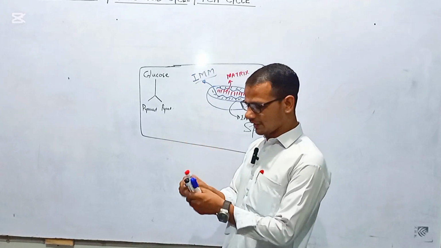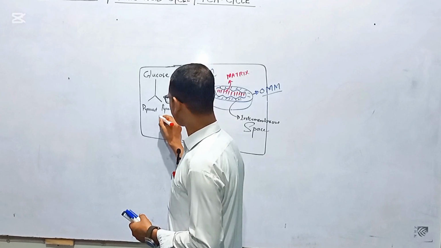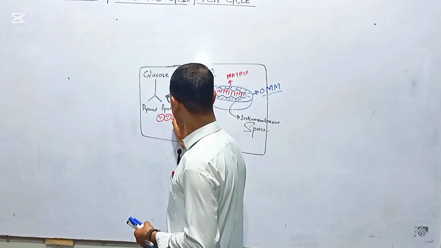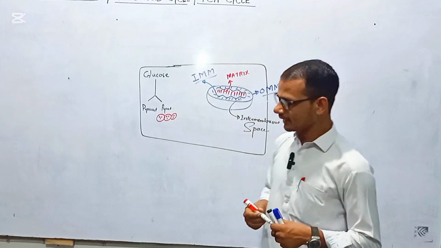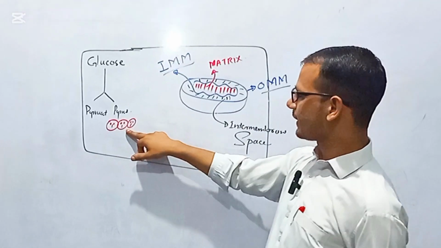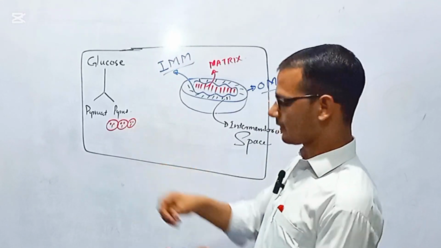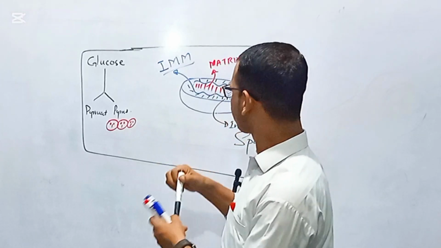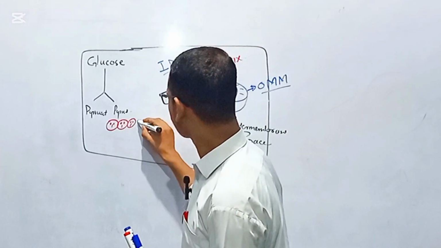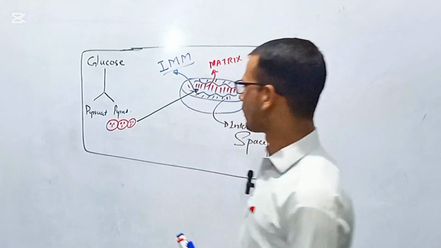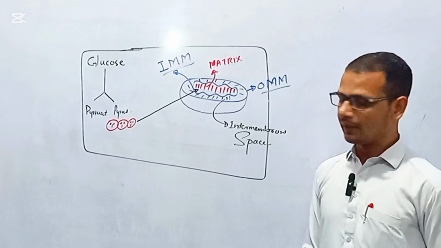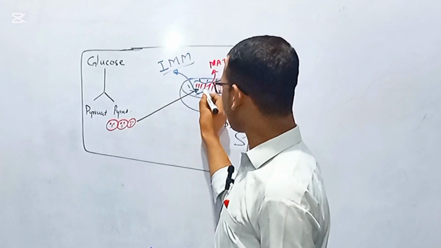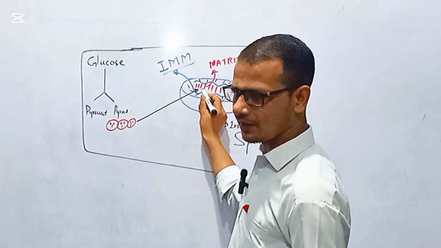So when this pyruvate, a 3-carbon compound, is formed in the cytoplasm, it will enter into the matrix of mitochondria, and here it will convert into acetyl coenzyme A.